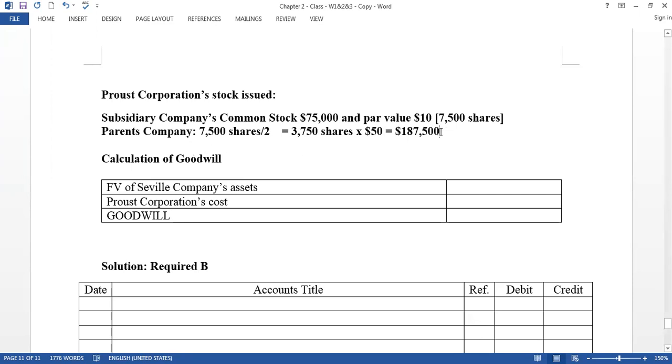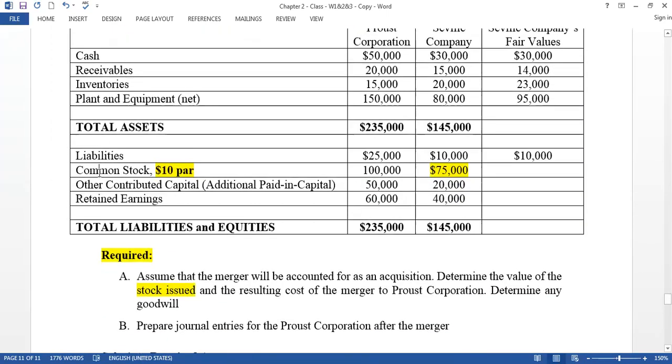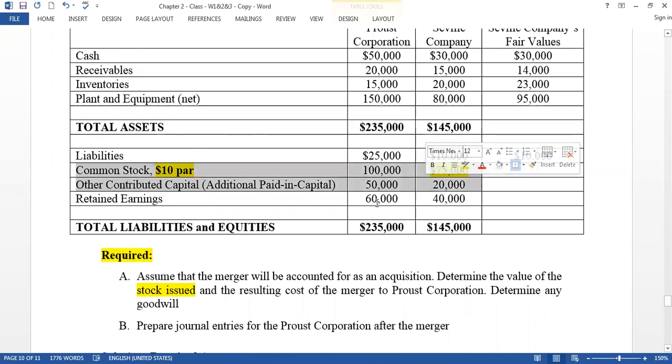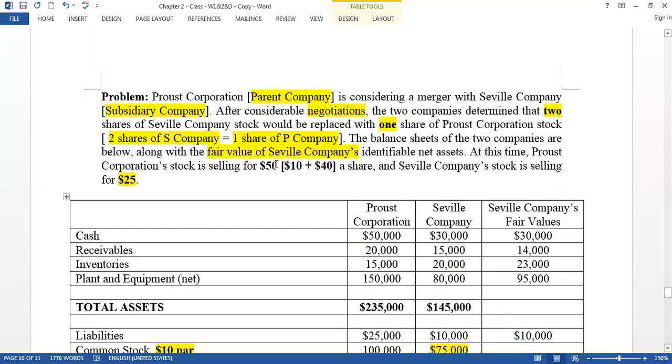Now this is the total stock, right? And because the balance sheet tells us that we have to record it separately, we have to record common stock and we have to record additional paid in capital. And I already told you that of this $50 we are going to sacrifice, $10 is for common stock par value and $40 is for additional, right?